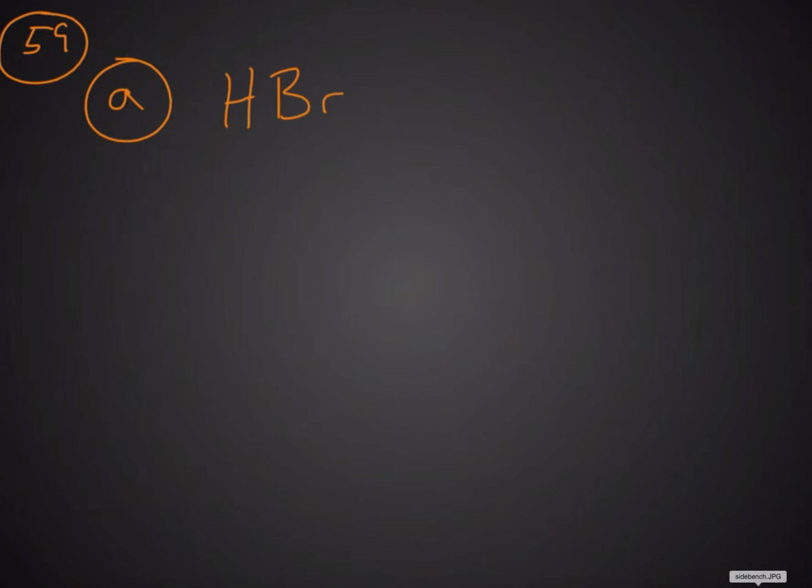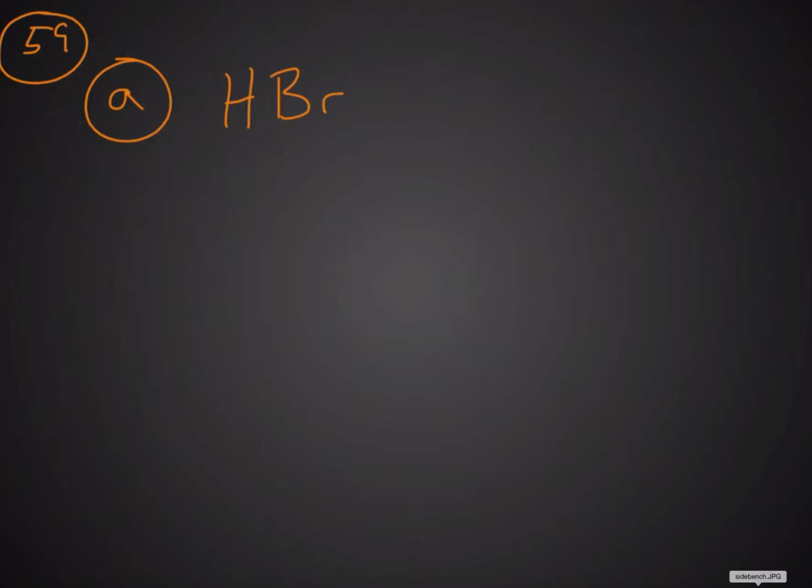So now we're on to page 183, and this is where we're getting into oxidation and redox reactions. Number 59 is asking you to identify the oxidation number for bromine in each compound.